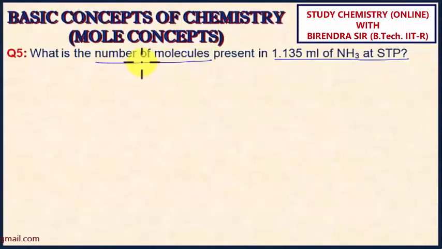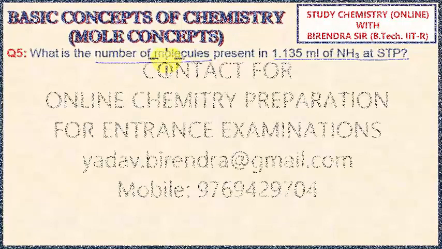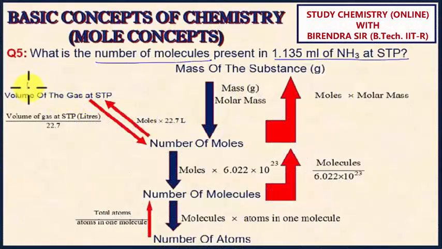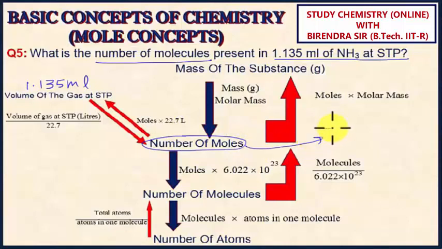So again I can use the chart to solve this problem. This time volume of gas at STP is given. How much is the volume? 1.135 ml. And they have asked number of molecules. So the central part is number of moles. First I'll find the number of moles.